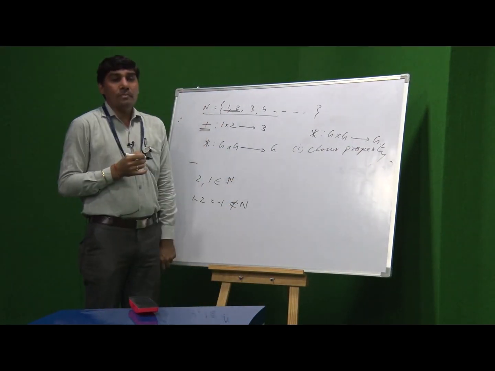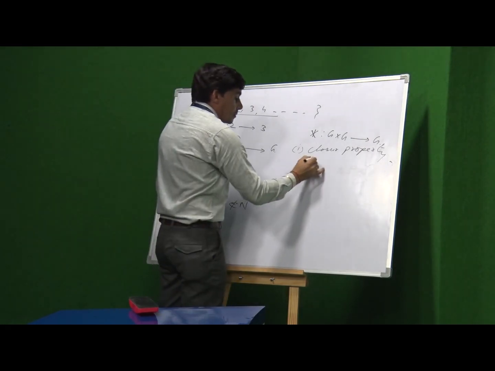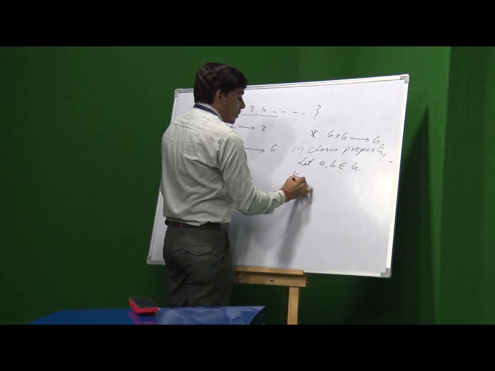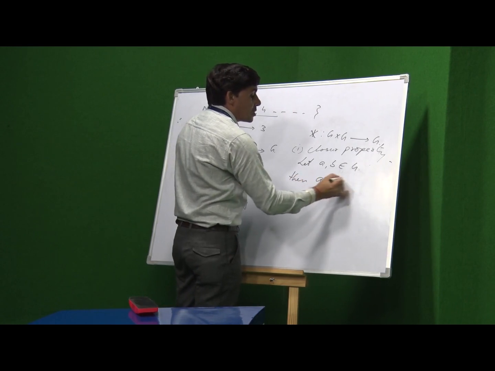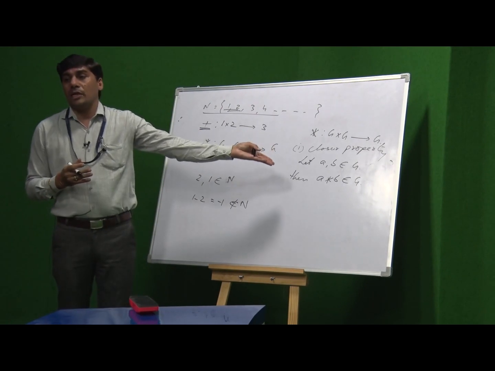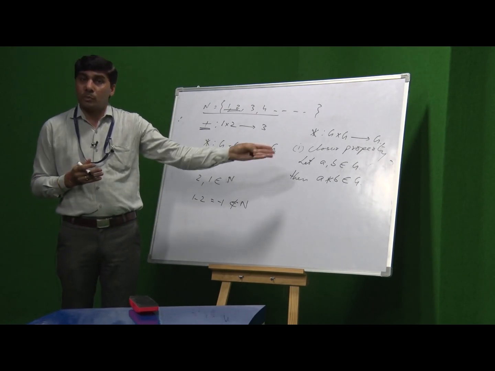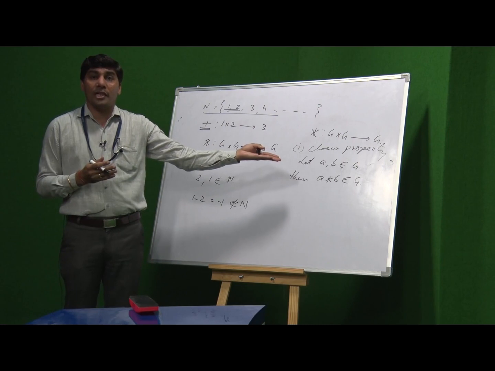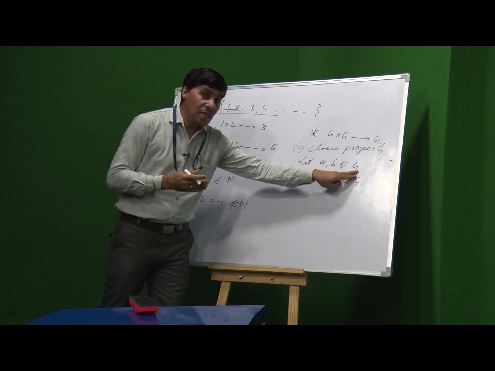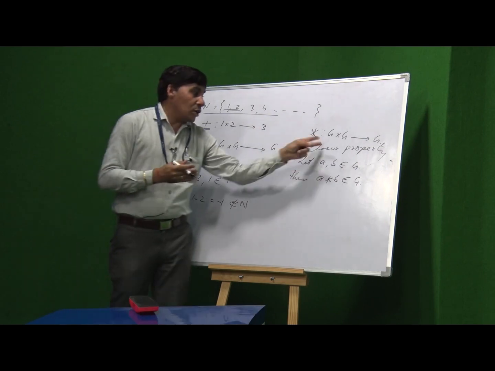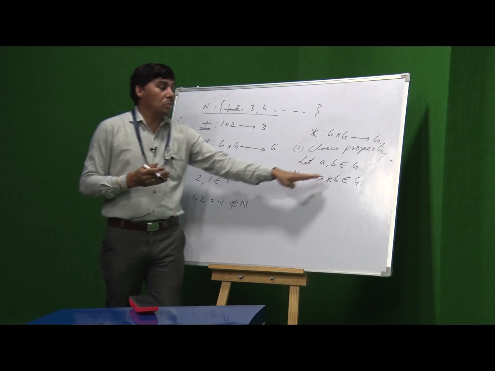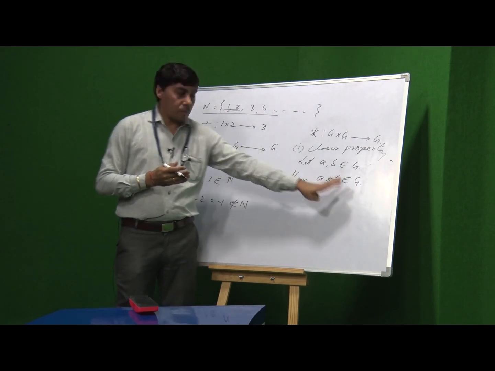In this property, let A, B belong to G, then A star B also belongs to G. It is the definition of a binary operation. We take two elements A, B of G and apply the binary operation star on A and B. The resulting element must be an element of G.